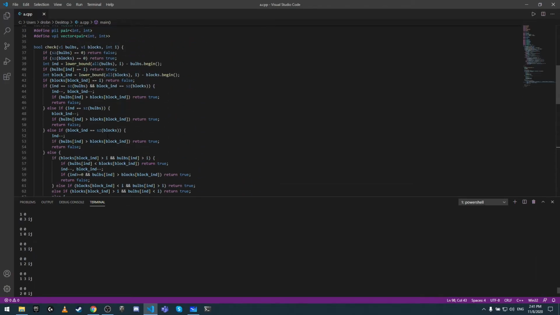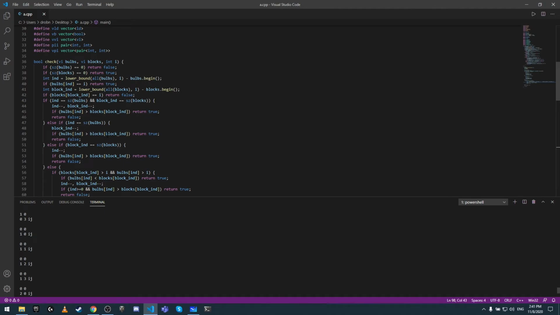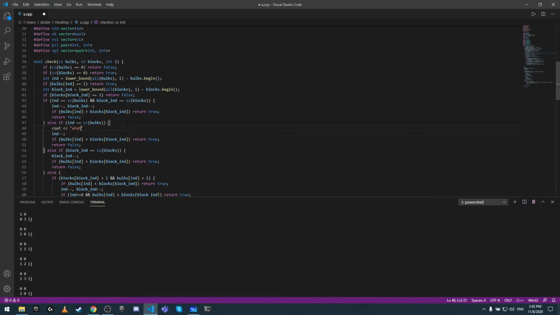One is still 0, 0. Nice debugging tool now. Exactly.